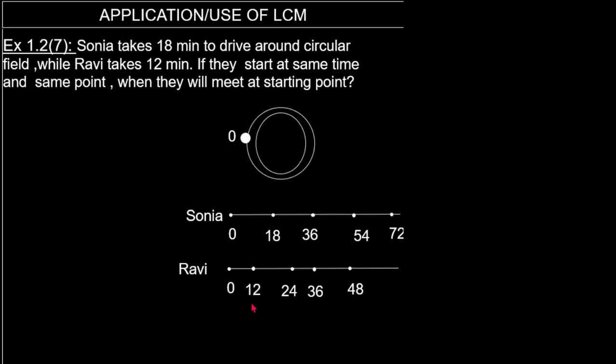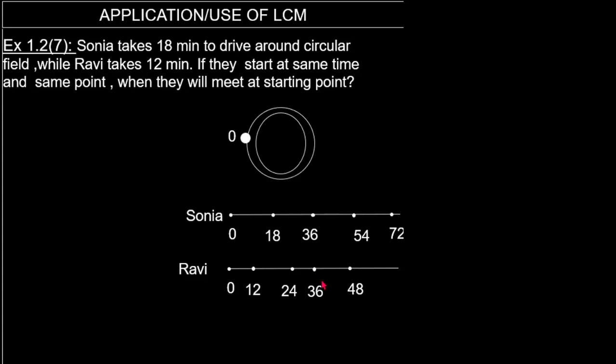Similarly, let us break down the circular track of Ravi. He will be at 0 here. Then he takes 12 minutes, so at multiples of 12, he will be at the origin. At first 12, he will be at origin, but Sonia is not at origin. Then at 24, he will again be at origin, but Sonia is somewhere between.